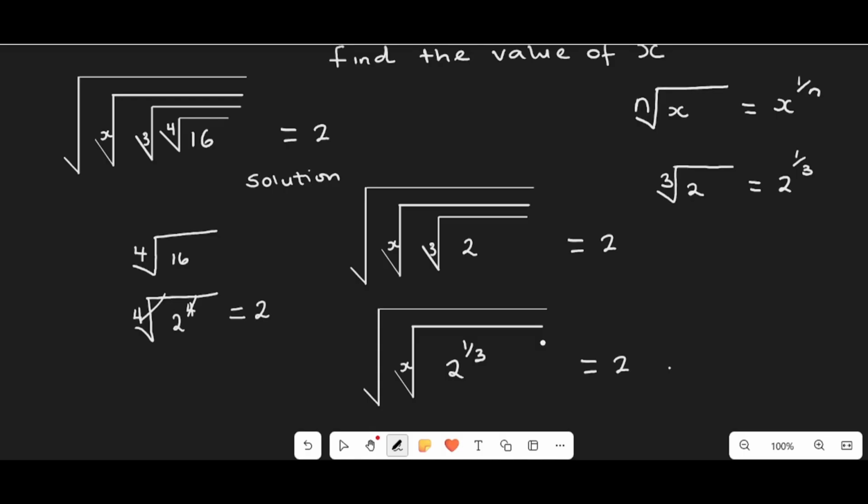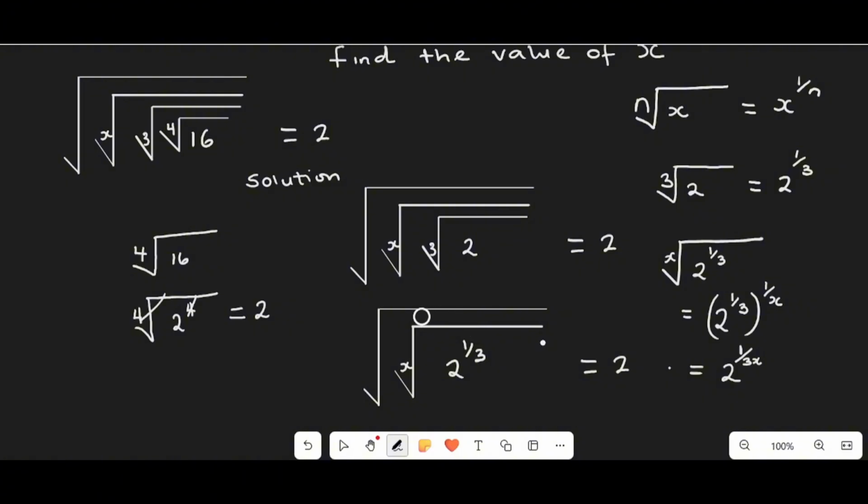So our x root of 2 raised to power 1 over 3 is equal to 2 raised to power 1 over 3, all raised to power 1 over x, which is equal to 2 raised to power 1 multiplied by 1, we have 1, 3 multiplied by x, we have 3x.